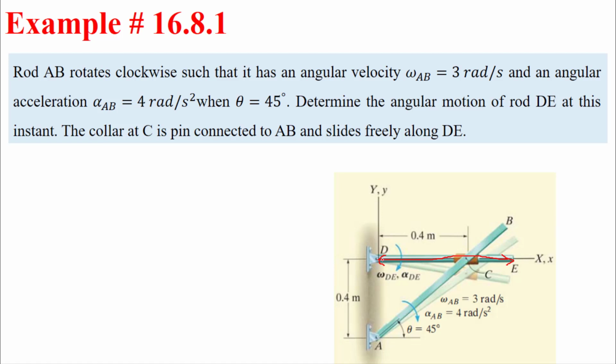Link DE, for example, will apply equation 16.8. What about link AB? AB will apply the equation of section 16.7. Again, if the slider is connected to a link, then for this link we apply the equation of section 16.7. If the slider slides on another link, then we apply the equation of section 16.8.